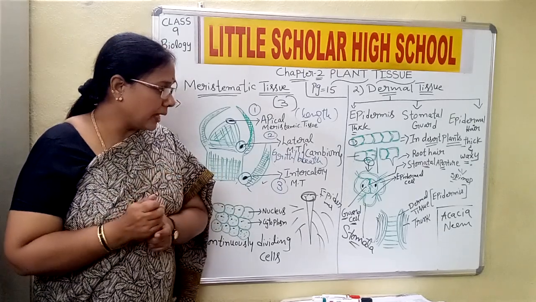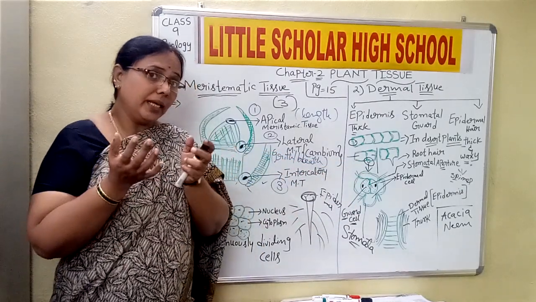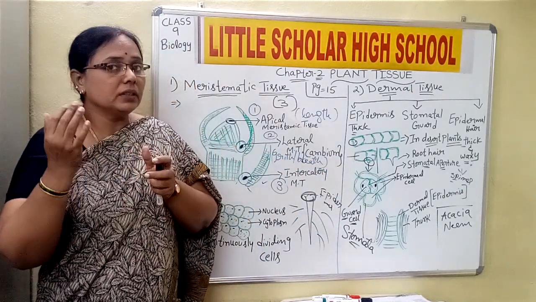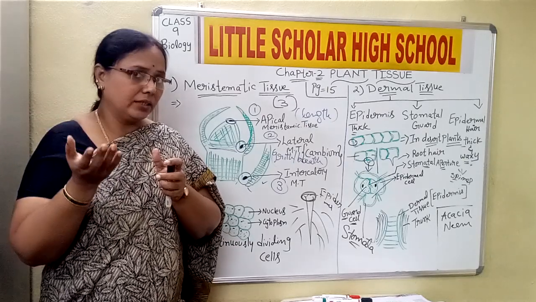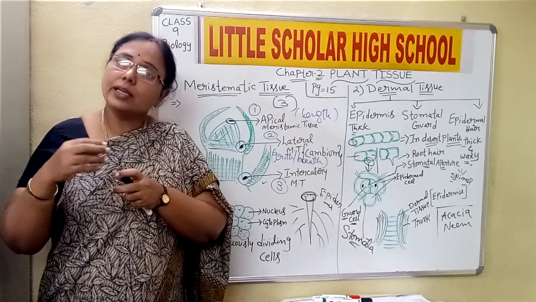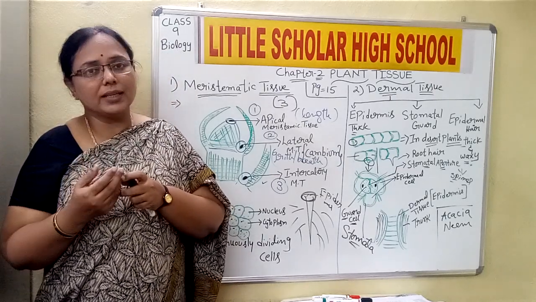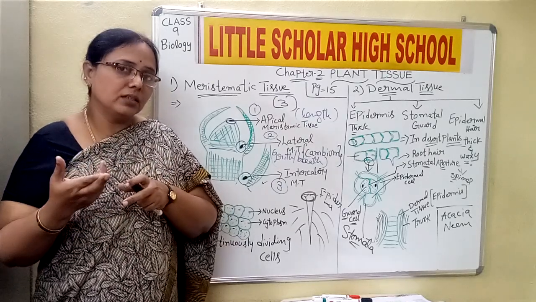And sometimes these dermal tissues also play a major role in protecting the plant from external damage. So this sticky substance can also be given out by the plants where there is some crack or some accident.